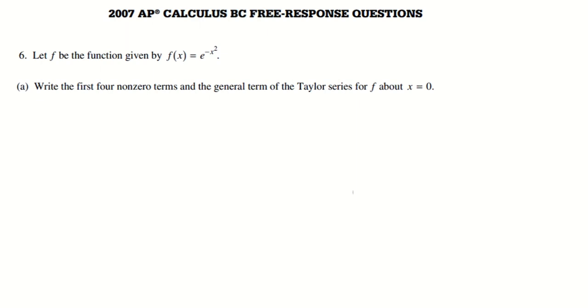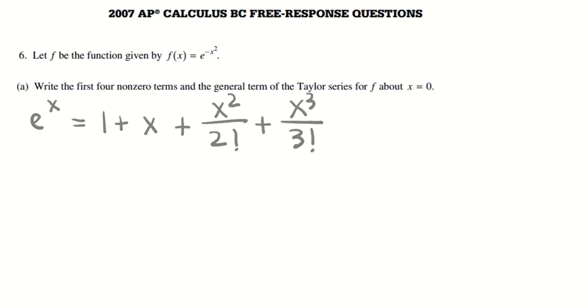So, all right, we already know that e to the x equals 1 plus x plus x squared over 2 factorial. We need four non-zero terms, so that's plus x to the 3 over 3 factorial. We're going to need a general term eventually, so I'm going to write that in as well. We know that's x to the n over n factorial, and it keeps going. Okay.